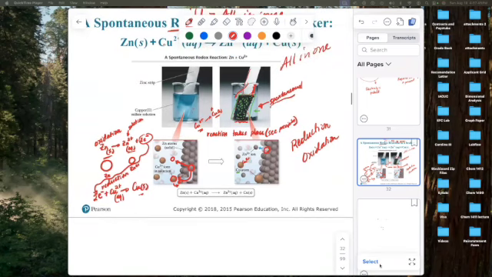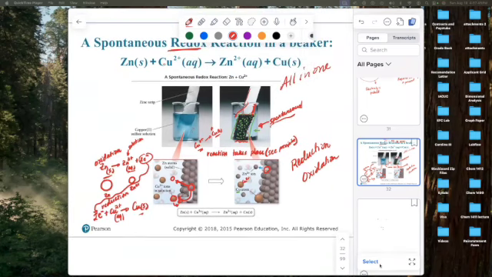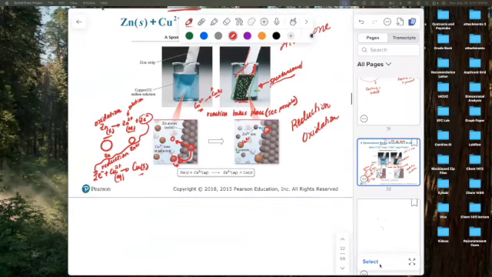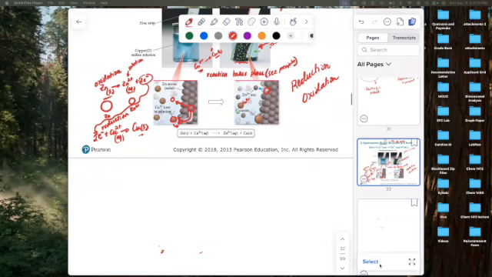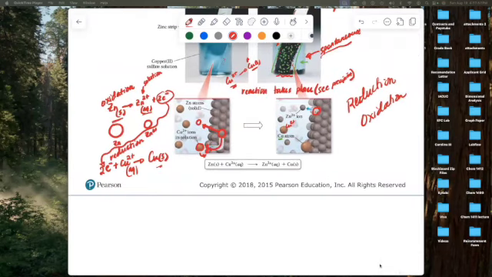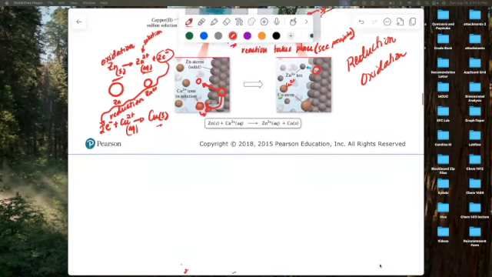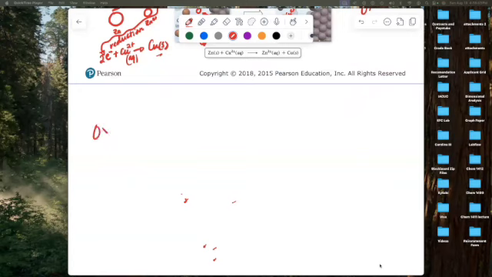Remember, we're dealing with an all-in-one setup for experiment, right? For most electrochemical cells, the reduction part and the oxidation part are separated, okay? And then for most, not 100% of the time, but for most authors, the oxidation part is kept on the left side, and then the reduction part is kept on the right side.